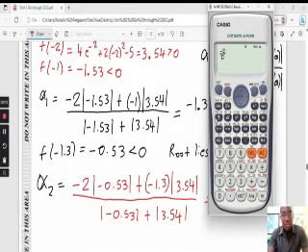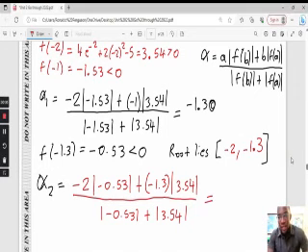You have negative 2 in bracket 0.53 now, plus negative 1.3 times 3.54 over 0.53 plus 3.54. We'll do that and we get negative 1.39.